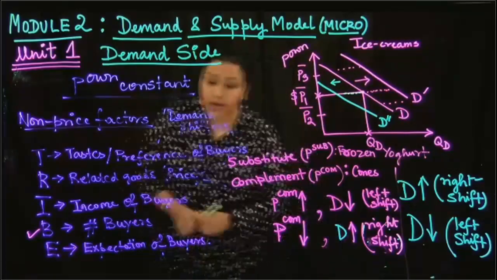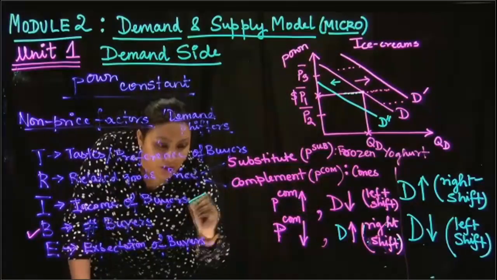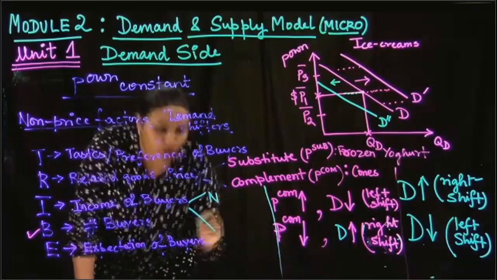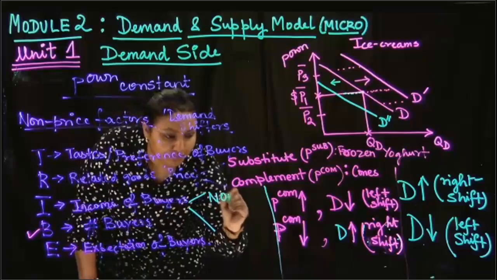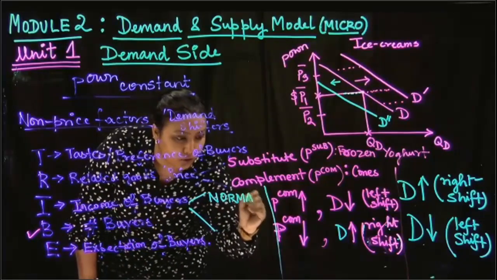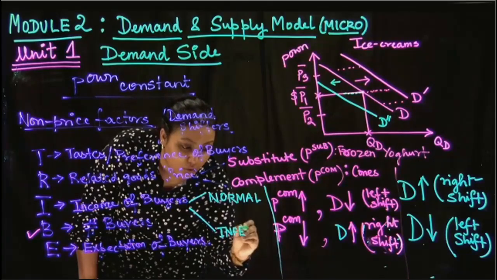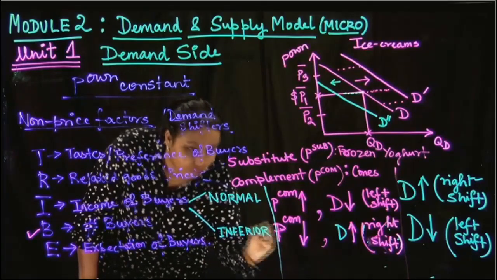So when we are talking about the income of buyers, we can distinguish between two kinds of goods. The normal goods, and the other kind is the inferior goods, which are qualitatively inferior.